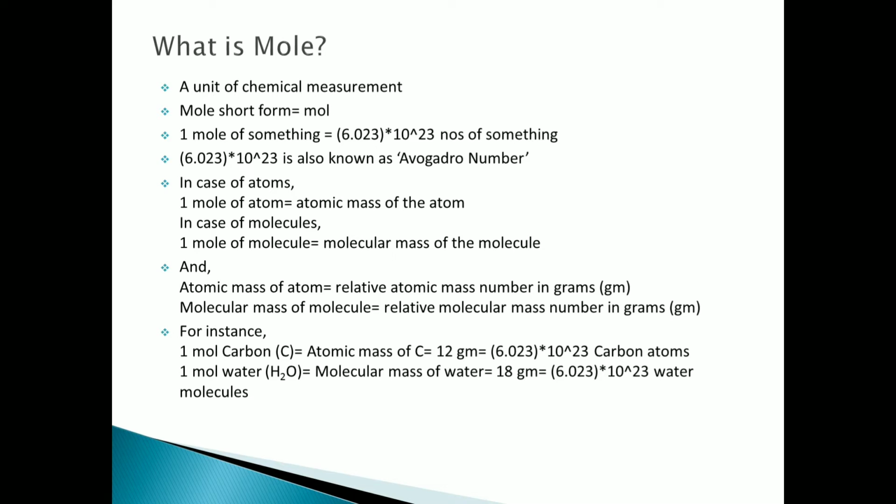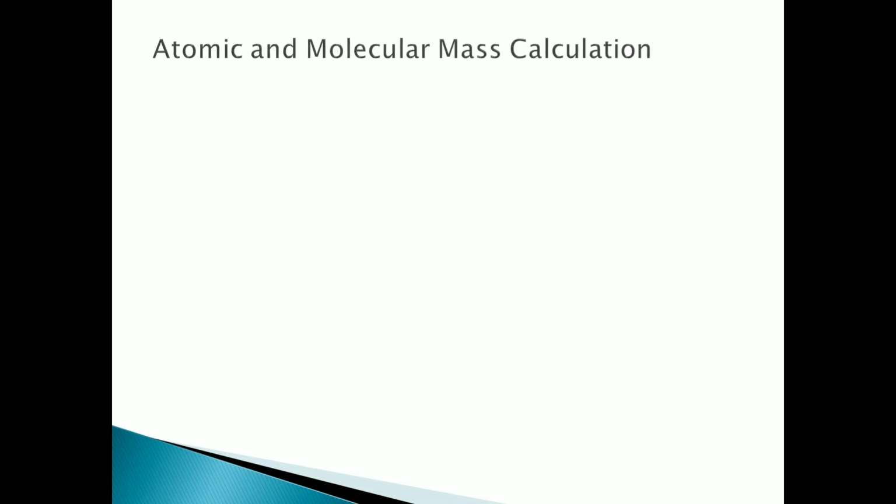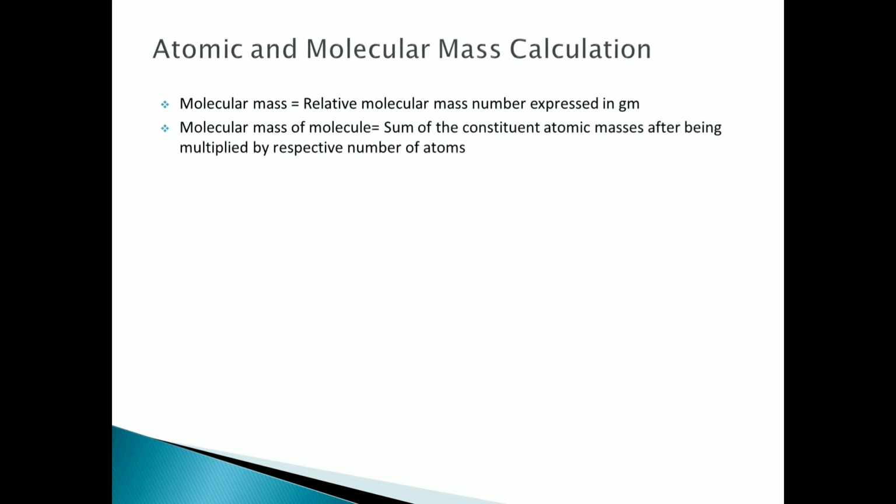Now, on to the next topic, atomic and molecular mass calculation. As we know, molecular mass equals relative molecular mass number expressed in gram. So, molecular mass of molecule will equal the sum of the constituent atomic masses after being multiplied by the respective number of atoms.